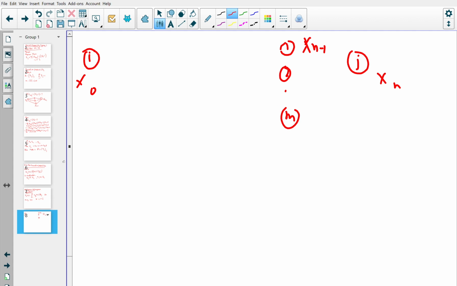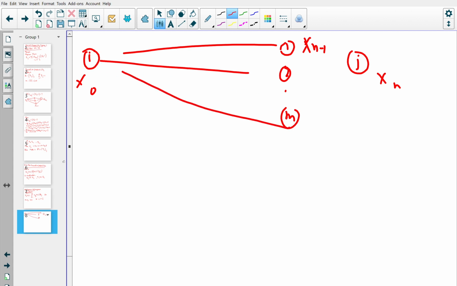Whatever you have before doesn't matter, but at the last step you are taking either from 1 to j or 2 to j or 3 to j, like that. Clear?